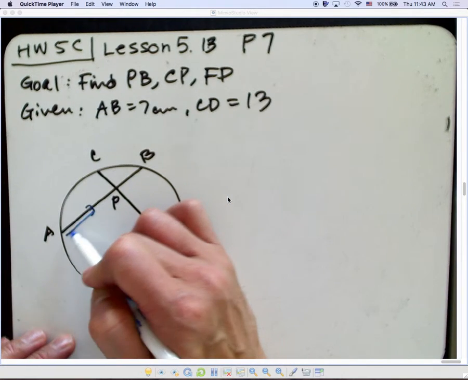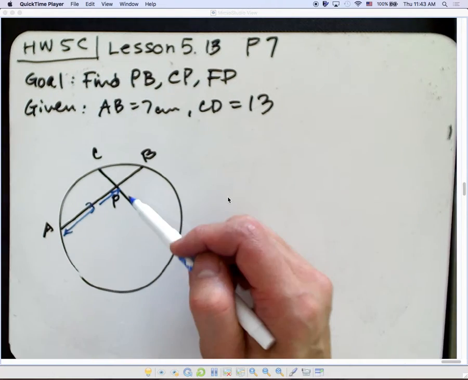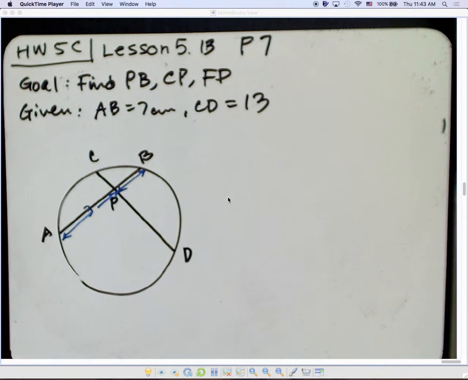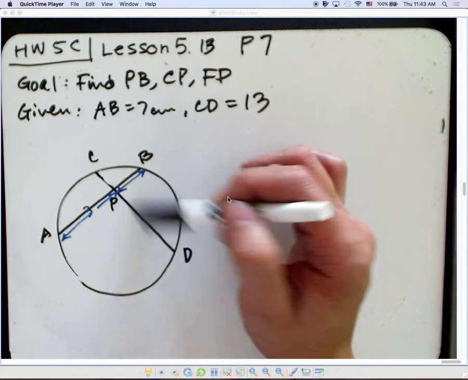Find PB, which is easy because we know AB. Then we have to find CP and PD.